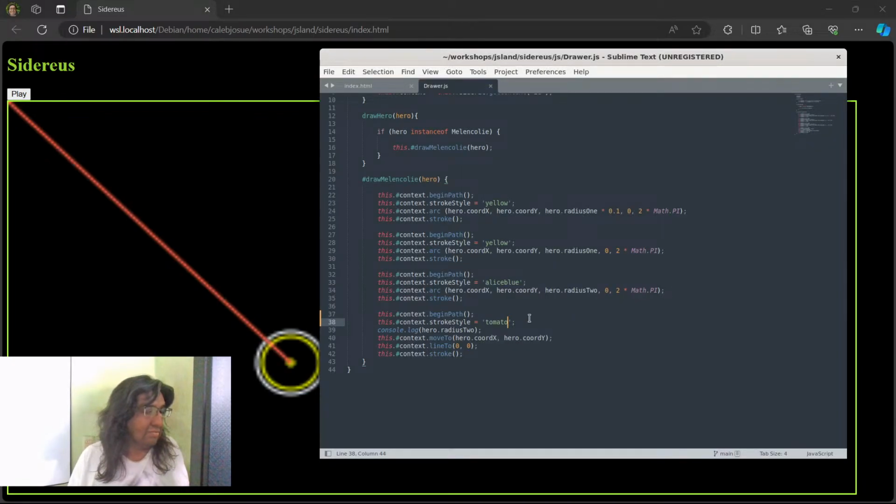It's orange. I don't like that. Okay, we solved the issue.